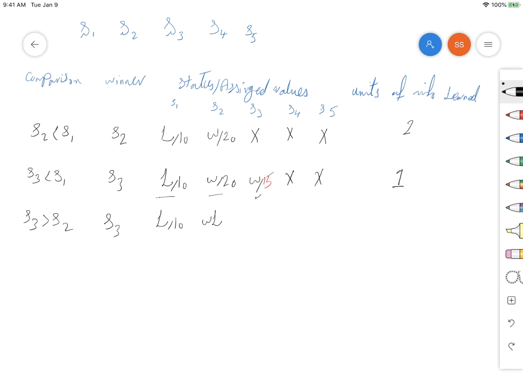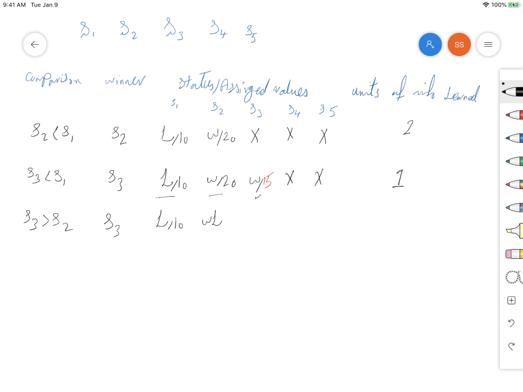The smallest number is the one whose status is lost, not WL, just lost. It means that it's smaller than any number and it hadn't won any comparison, so it should be the smallest. That's why we are saying that now S2 cannot be the largest or the smallest number.